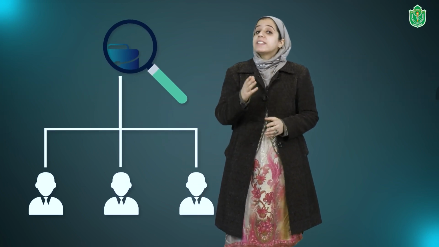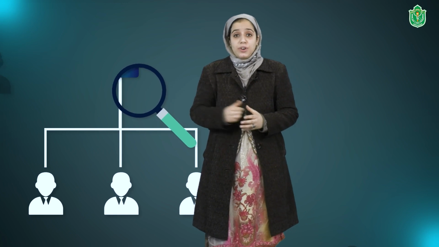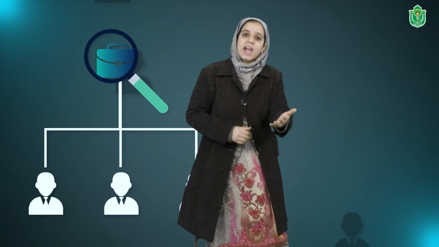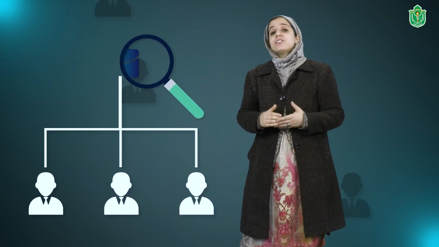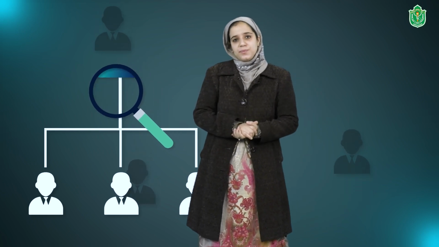Now, there are a number of steps involved in organizing. As it is a process, it includes a number of steps. And the first step of organizing is identifying and dividing the work. The first step is to identify the activities of the organization and then divide these activities into small units.